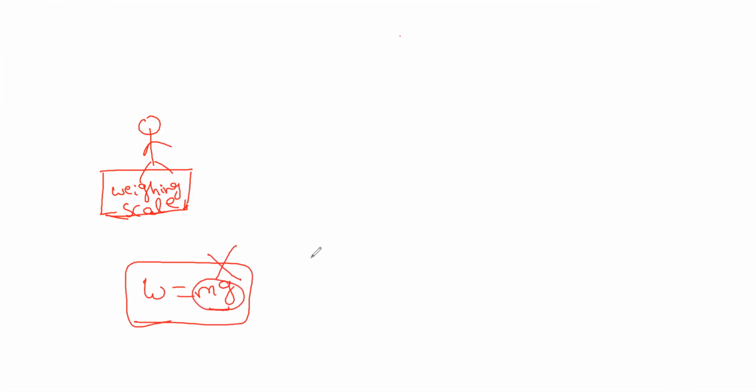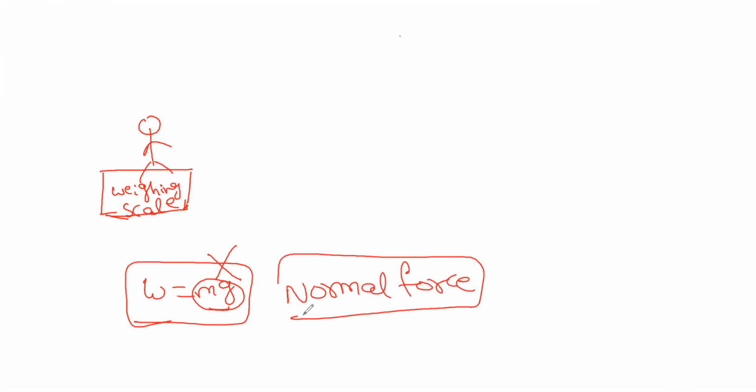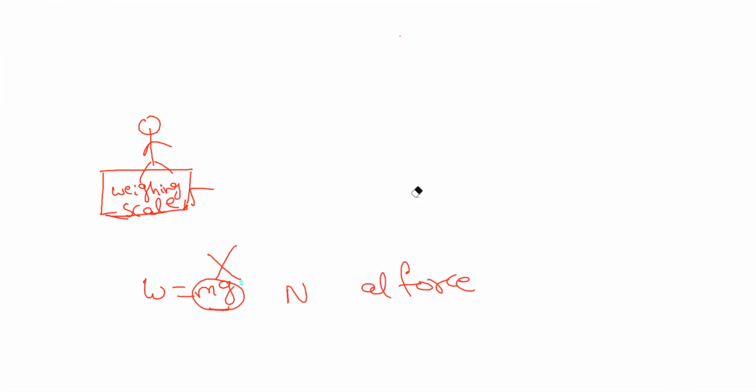Remember, the weighing scale works on the principle of the normal force. However much the normal force is, it shows in the weighing scale. But in most cases, we consider that we will get the normal force as mg. But it depends upon the situation. Let's see how. The one thing you have to know is the weighing scale measures this normal force.